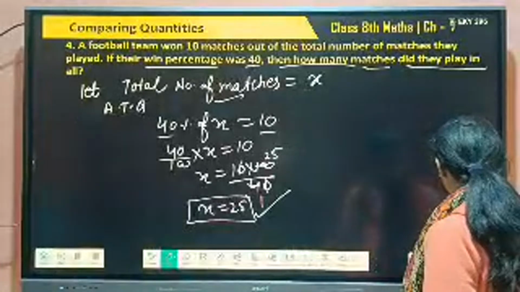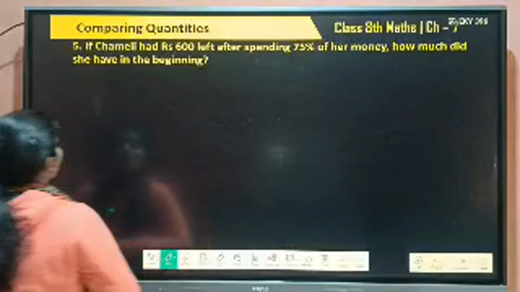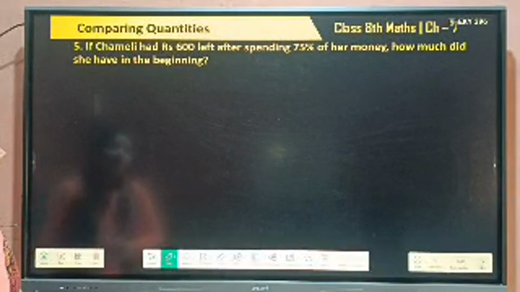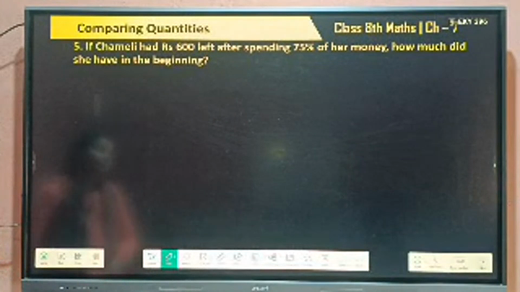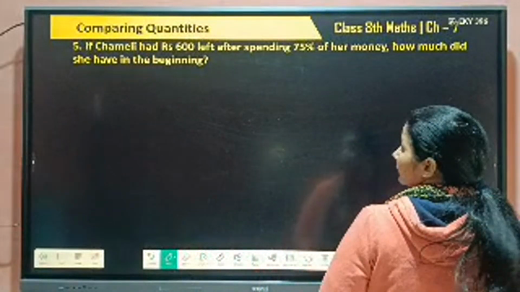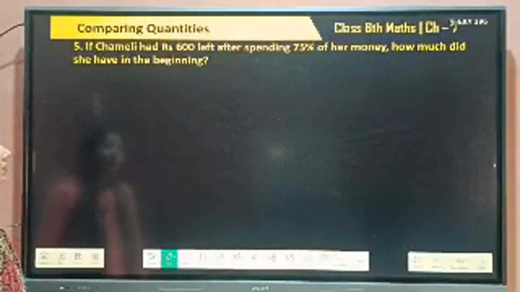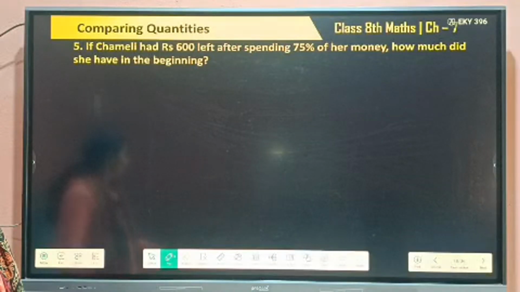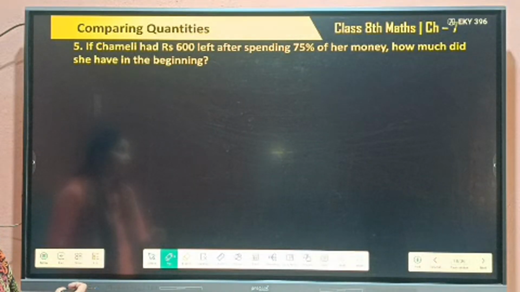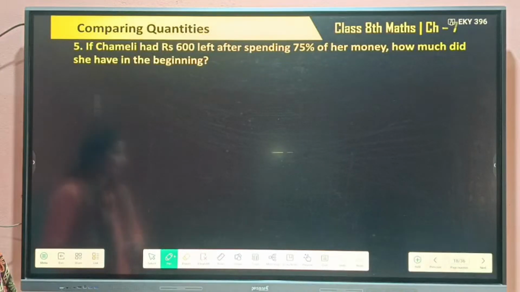Let us see question number 5 of this exercise, and this is the last question of this exercise. What is question number 5? If Chameli had rupees 600 left after spending 75% of her money, and after spending 75%, the money left with her is 600.